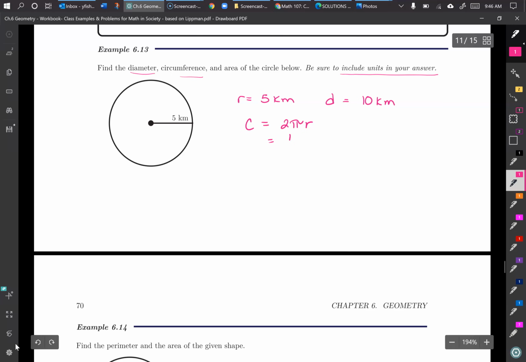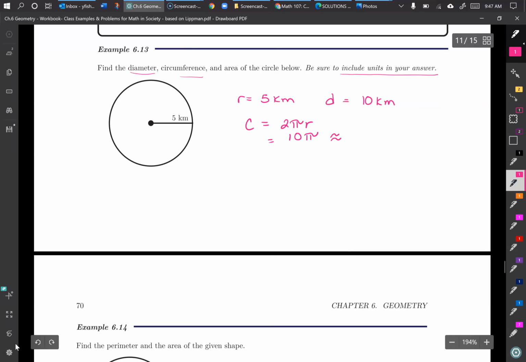So that's going to be 10 pi. Now that would be an exact answer, but if we want to calculate that out, we're going to use the pi key in our calculator and then round a couple of places.